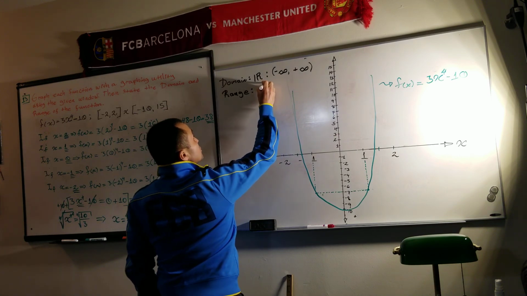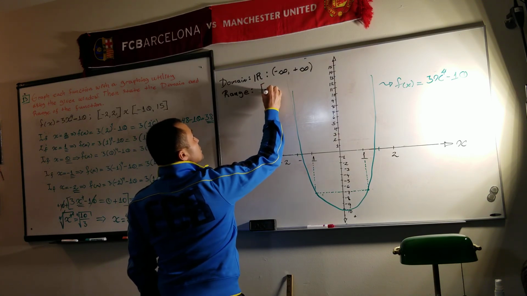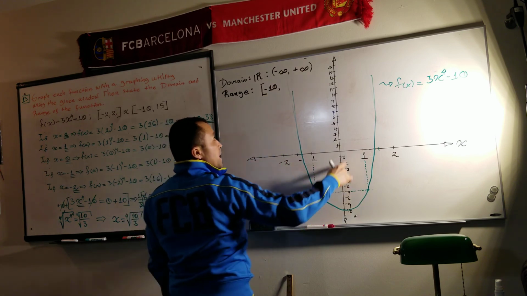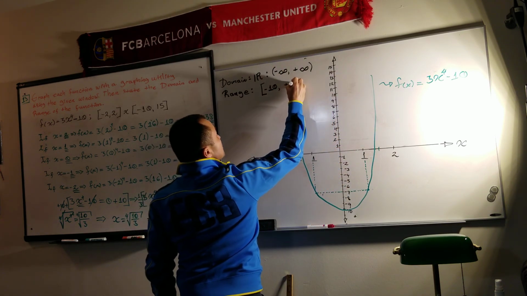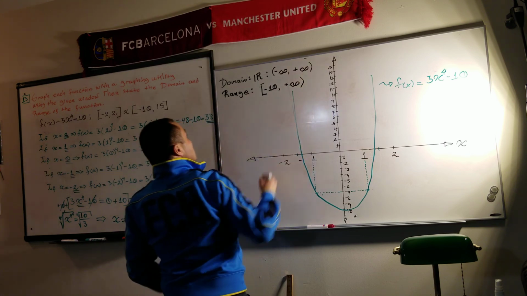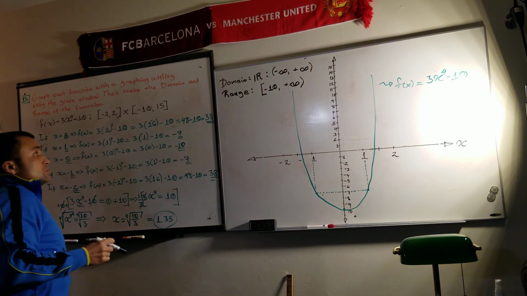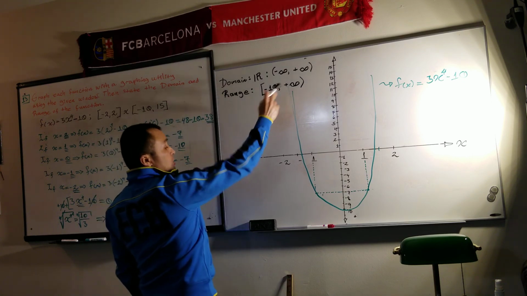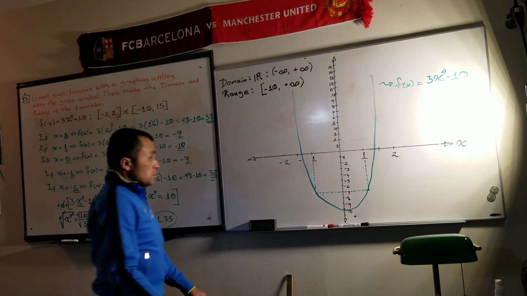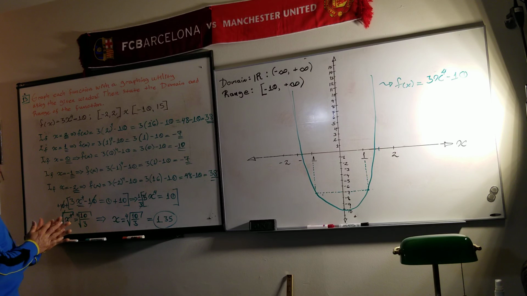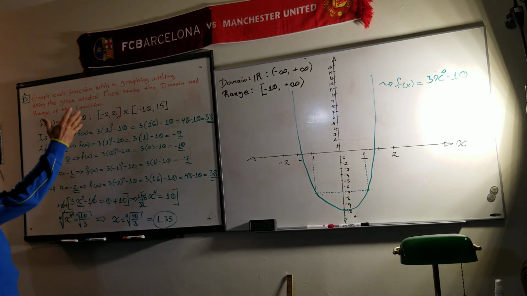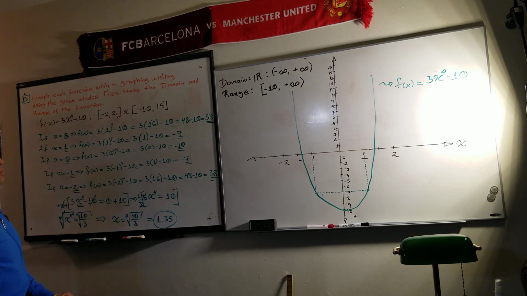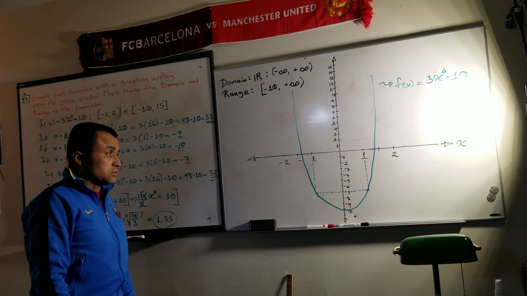So the range is from minus 10 all the way up to infinity. So the range of the function is from minus 10 to infinity. So that's basically the solution for this problem. We found the domain and the range of this function.